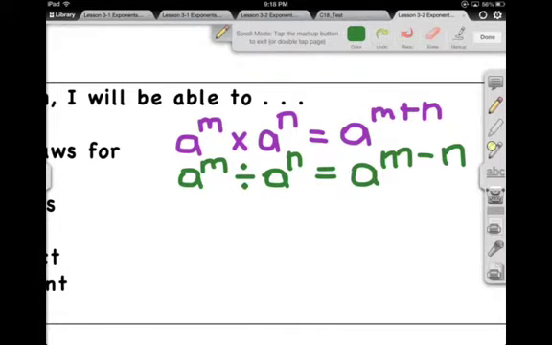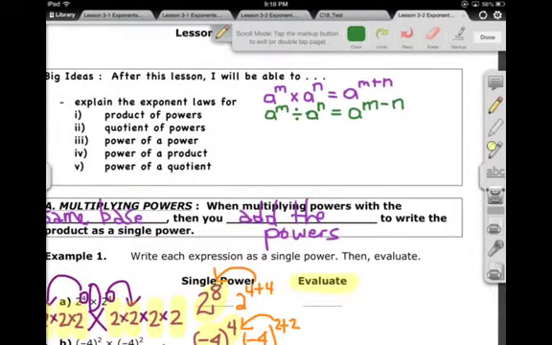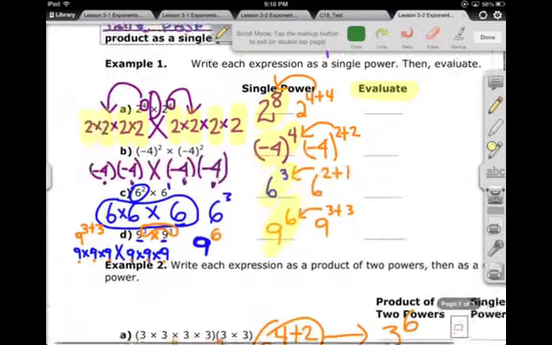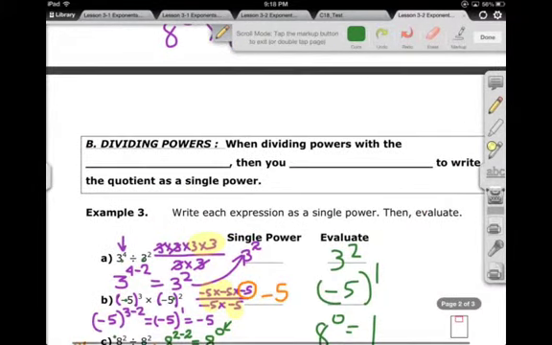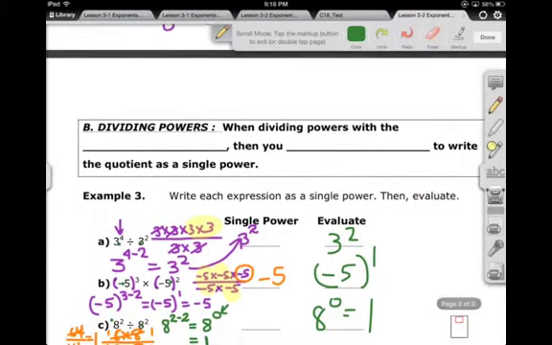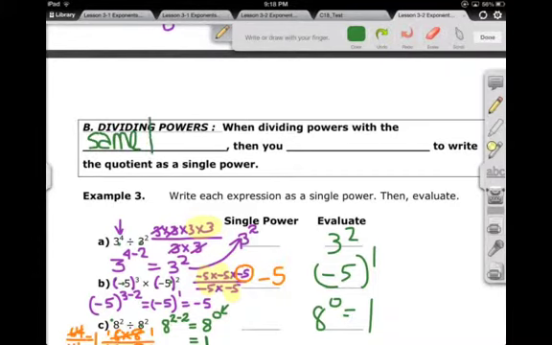Nice to know these mathematical rules. And quite honestly, once you learn this, you'll never forget it. These notes are important though, because if you do forget, scribble it in. When dividing powers, it's understood, and if it isn't, you make the point that the base has to be the same. In each of these examples, the base was exactly the same before you did any work.